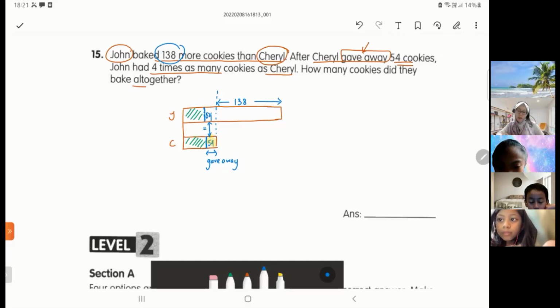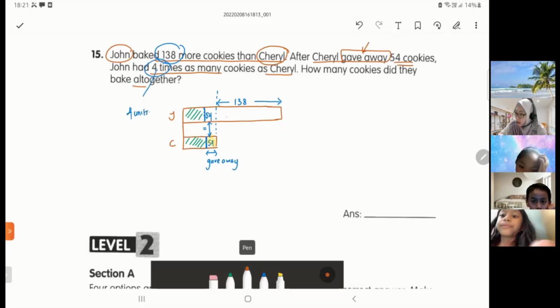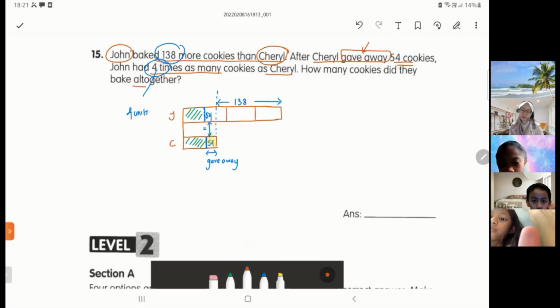Okay, they are supposed to be the same. Then we know that John has 4 times, means 4 units. So I need to have the balance of it, and then I cut it up equally into 4 units like this. See? Okay, so if I look at this, this is the same.